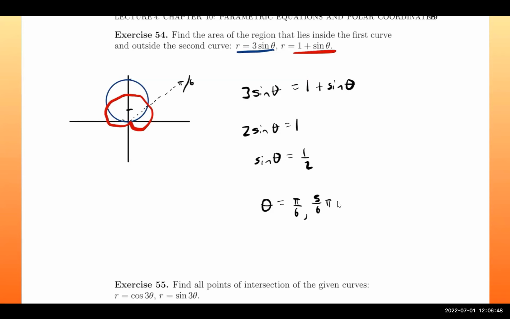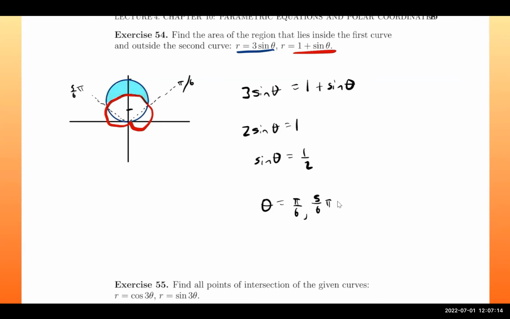So that would be pi over 6, and that would be 5/6 pi. Now we know our limits of integration. They want the region that's bounded between those two. So inside the circle and outside the cardioid would be this region.